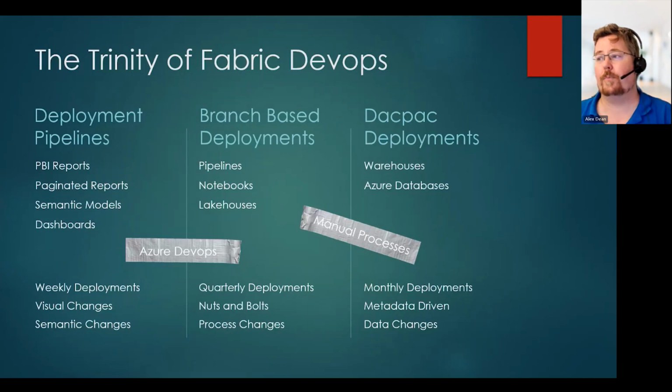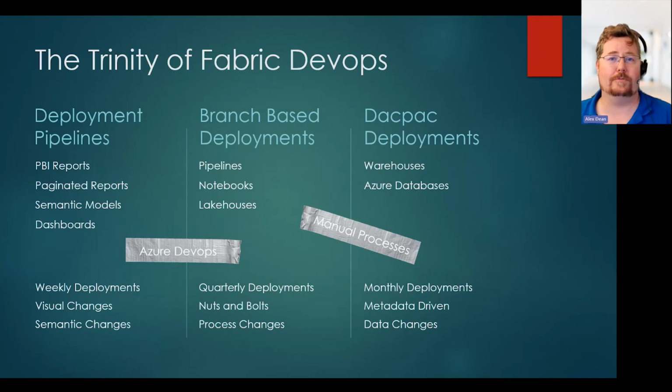So to get a warehouse fully designed with all these views and stored procedures and functions from dev to test to prod, there wasn't a good way at all. Now, since June, they've introduced warehouse support, but it's still buggy, very buggy. Still doesn't work for our customer.